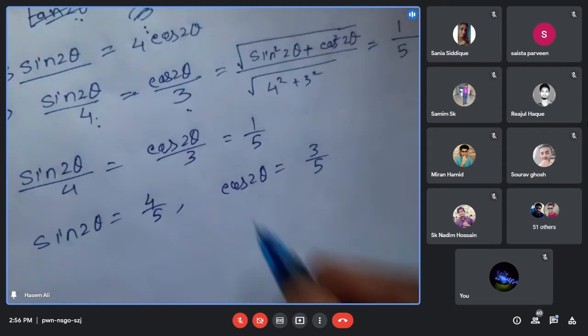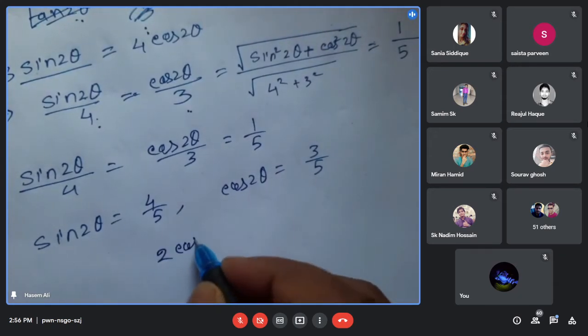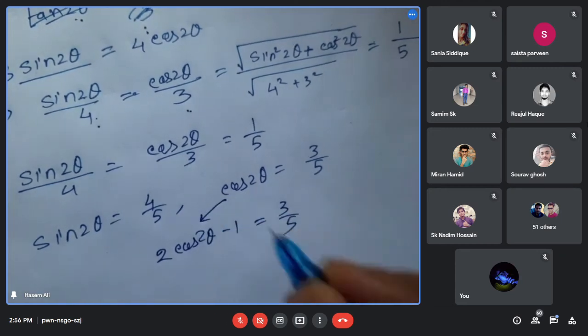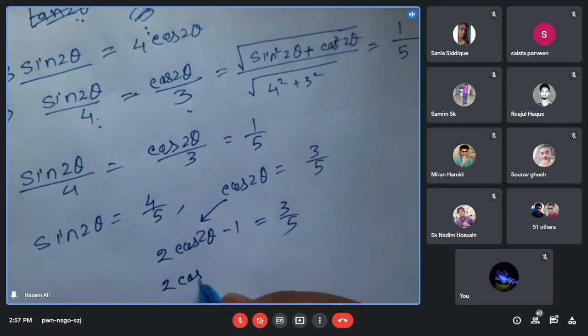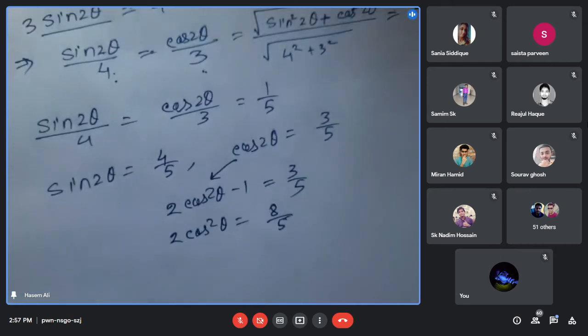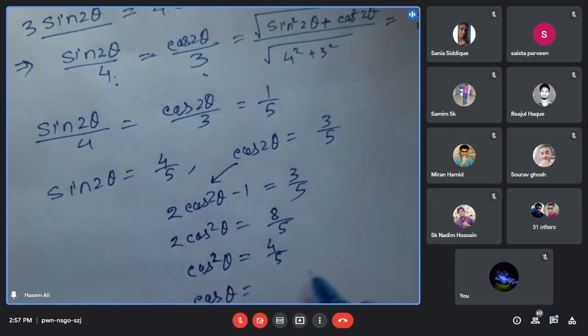Okay. Now cos 2 theta means 2 cos square theta minus 1. This is equals to 3 by 5. That means 2 cos square theta equals to 3 by 5 plus 1, that means 8 by 5. So cos square theta equals to 4 by 5. That means cos theta equals to 2 by root 5.